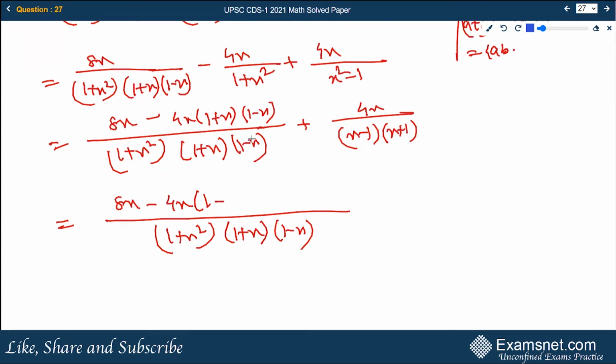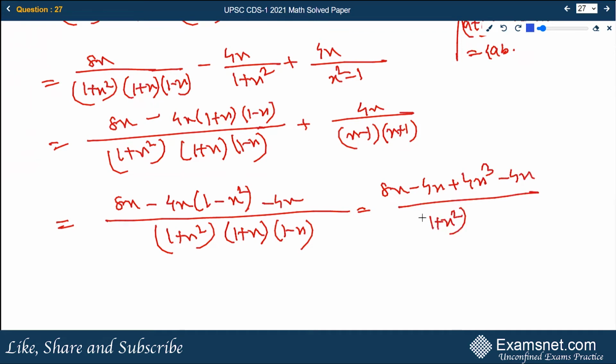It will become how much? 1 minus x square here, and it will be like 1 minus x, so minus 4x. So 8x minus 4x, 4x cube minus 4x, times 1 plus x square.